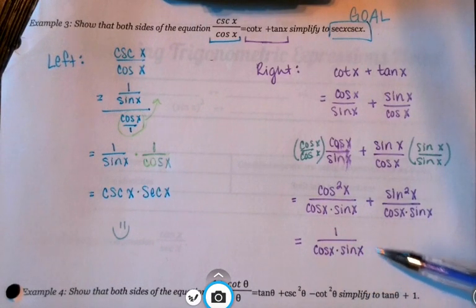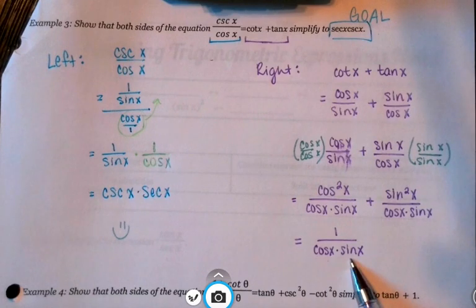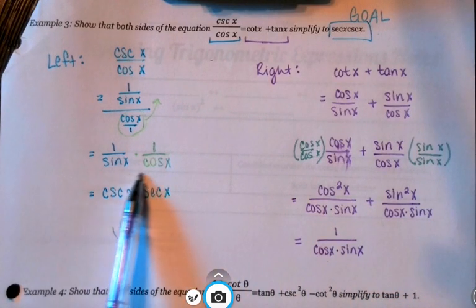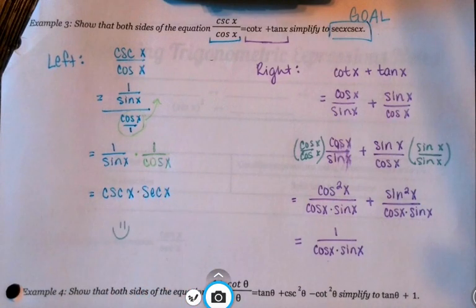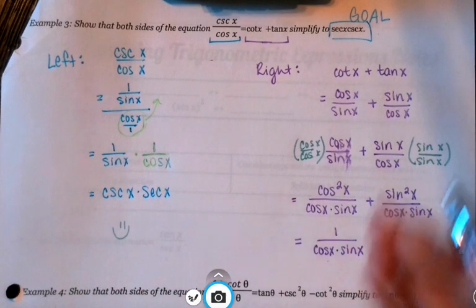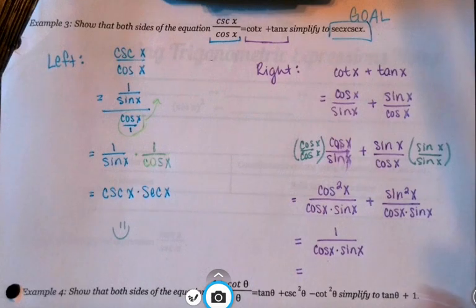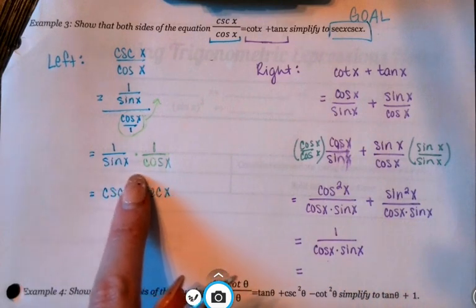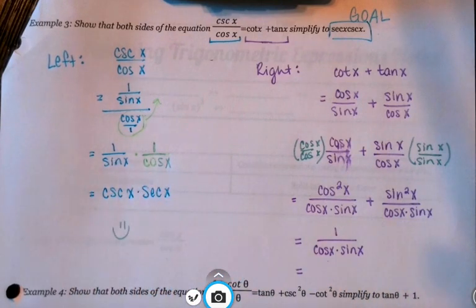So now that I have 1 over cosine times sine, hopefully it looks familiar to what we had here. I'll go right underneath it. What I could do is rewrite this and break up my fractions.